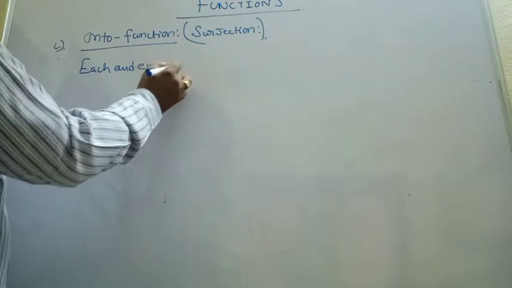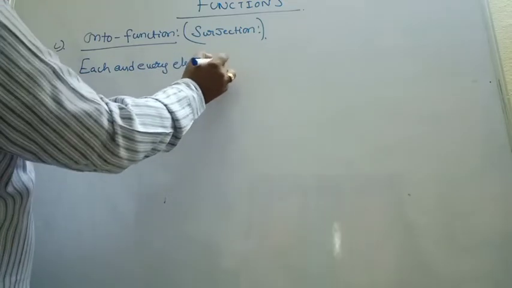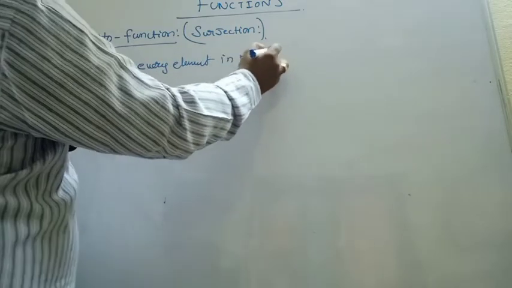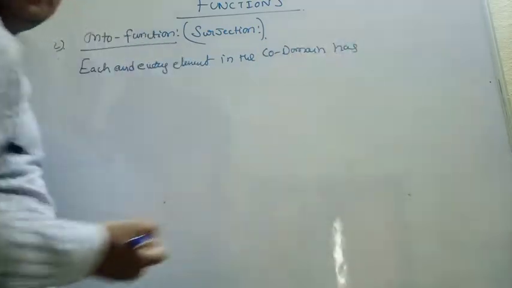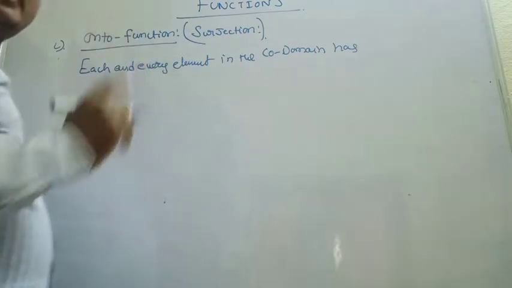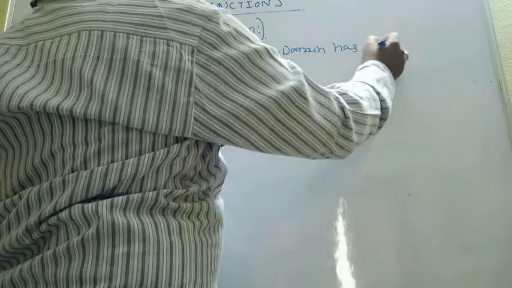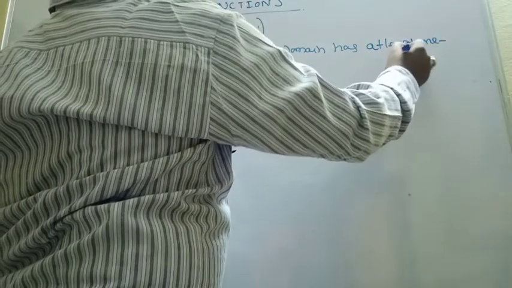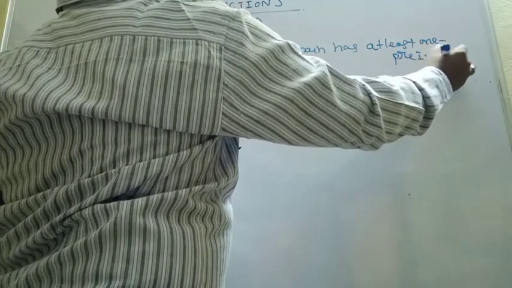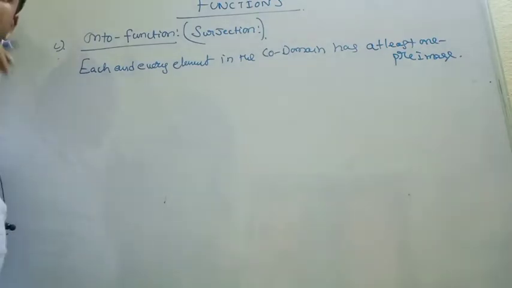Each and every element in the codomain has at least one pre-image. This is the definition of an onto function, or surjection.